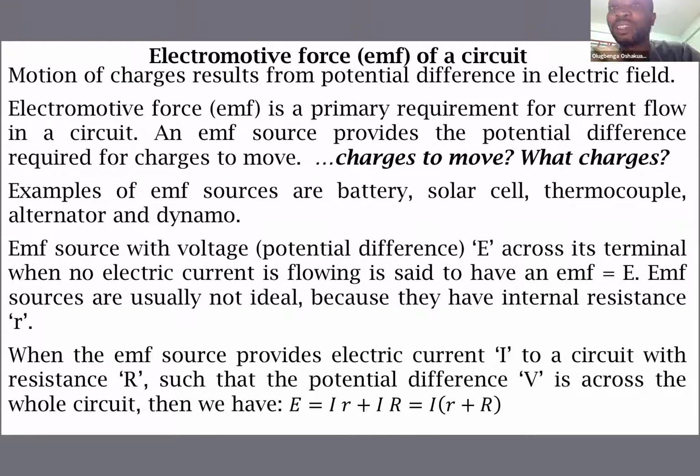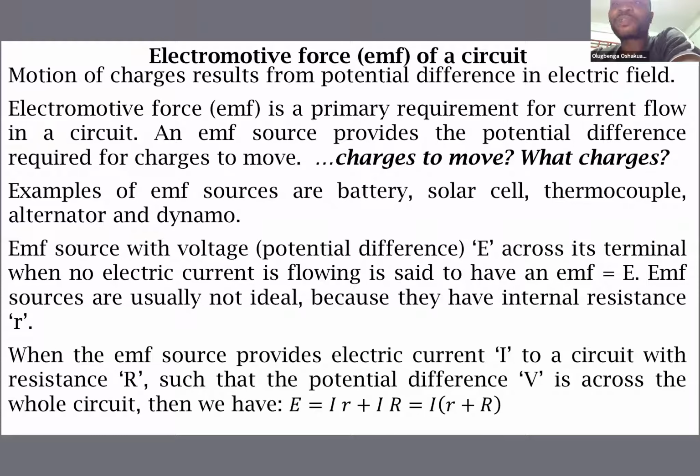As we also said while talking about the motion of charges, charges move between places of different potentials. When talking about the work done by charges, we were considering the potential of the previous point and the potential of the current point.